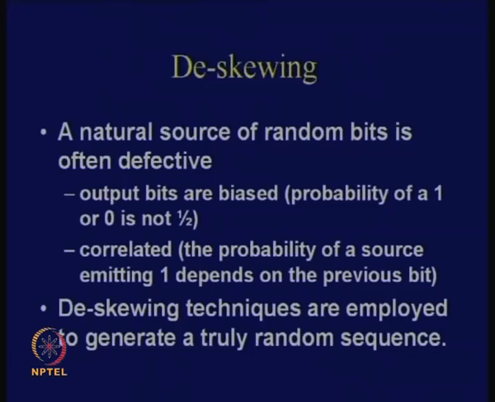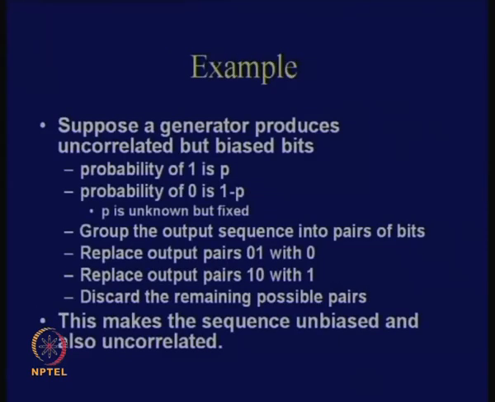Then you have to engage certain techniques called deskewing techniques, which will take these defective bits and give you a good sequence which is unbiased and uncorrelated. I can give you one possible example of this. Suppose there is a generator which produces uncorrelated but biased bits.